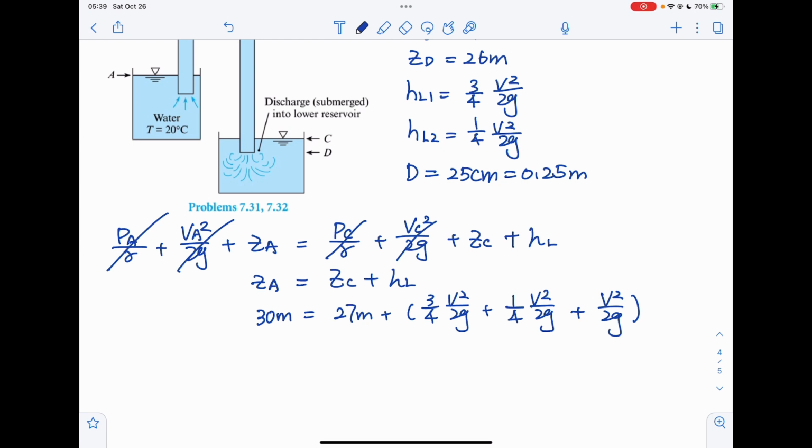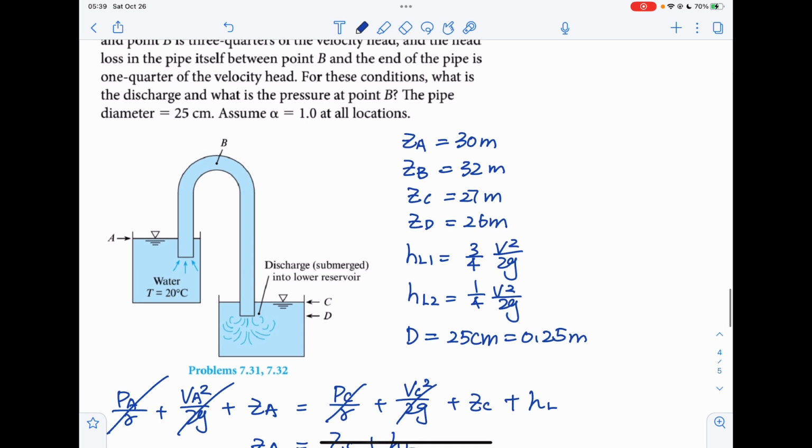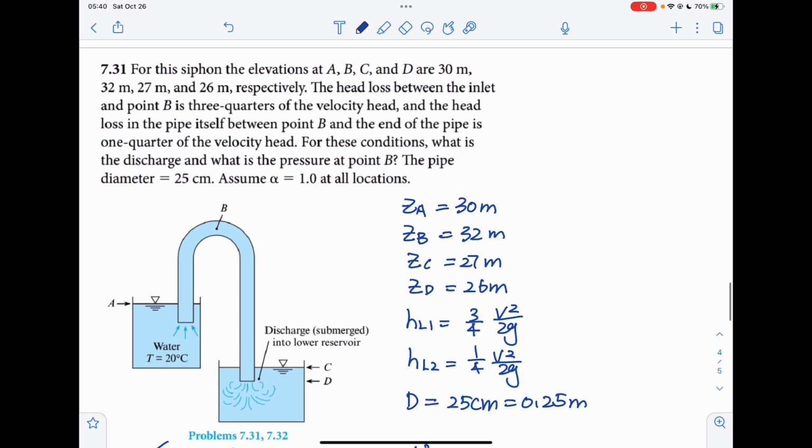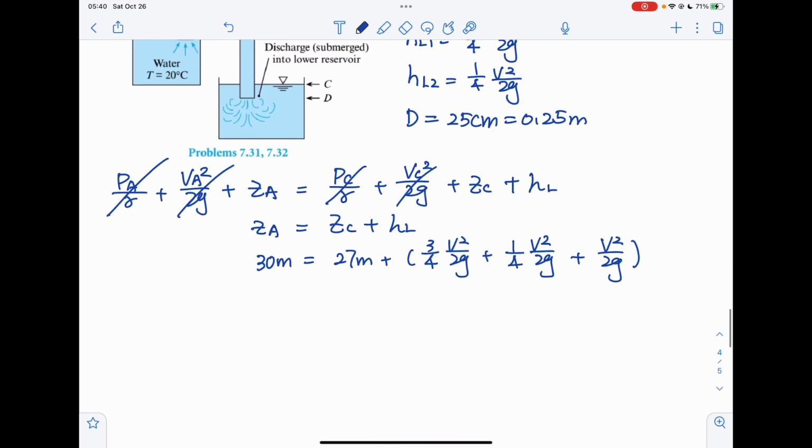So you might notice we are adding the velocity head here in the head loss, because when you look at the problem, the outlet of the pipe is not open to the air, and it loses all the velocity when it is submerged in the lower reservoir. That is where you lose the entire velocity head. So here in the head loss term, we need to add that term to the equation.